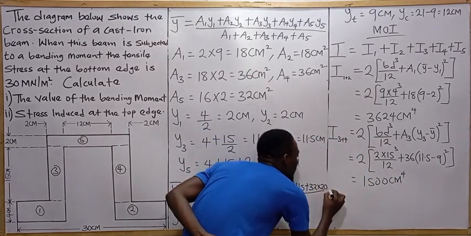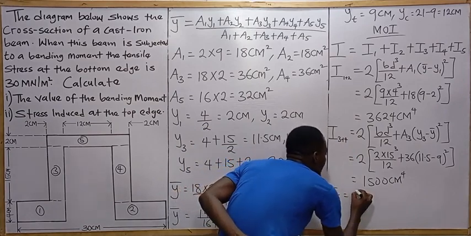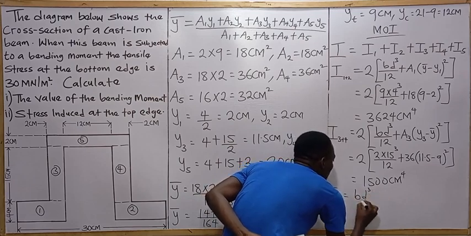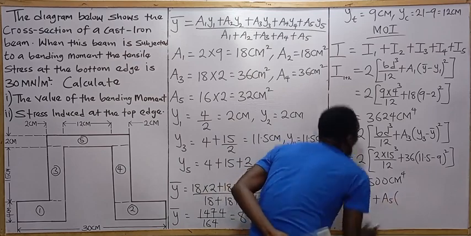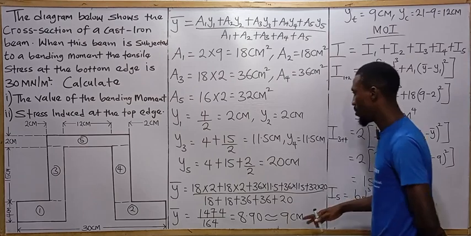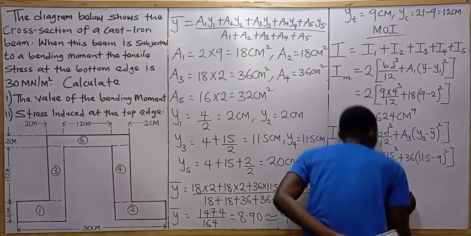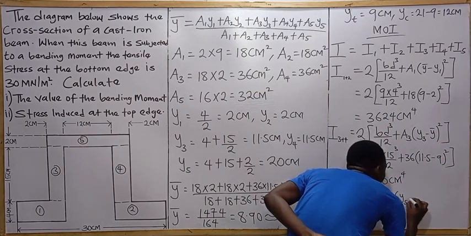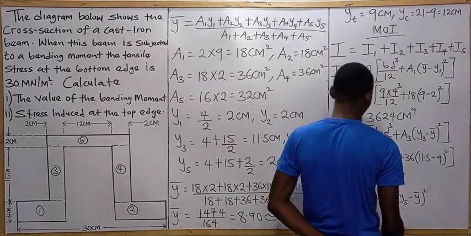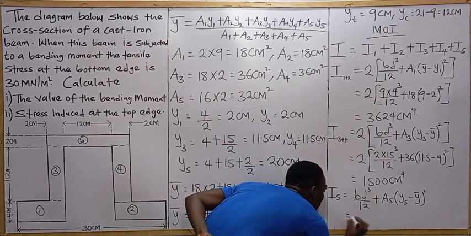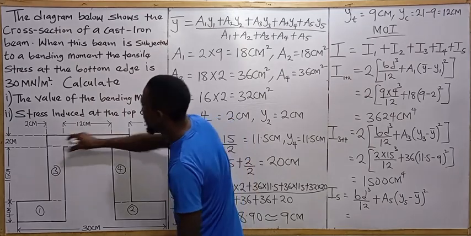All right. So the last but not the least is I5. So this is going to be BD cubed all over 12 plus A5 into, so now let's check between Y bar and our Y5. So our Y5 is greater. It's going to be Y5 minus Y bar all squared. So if you substitute now, we are going to have this to be equals to the base and the depth.